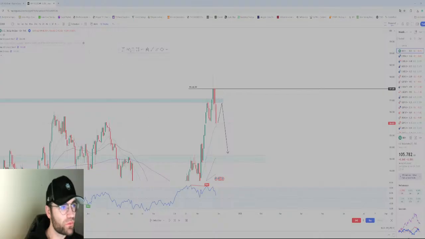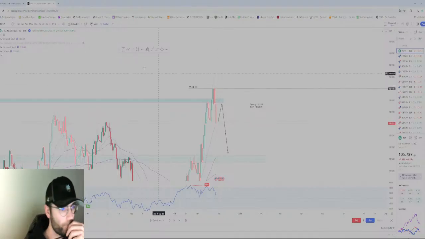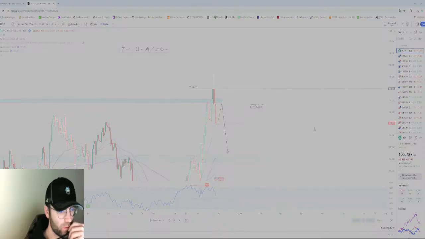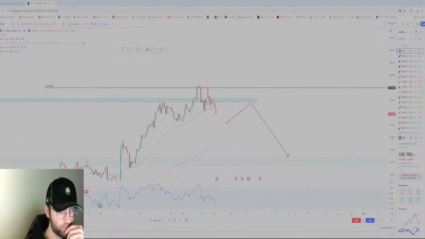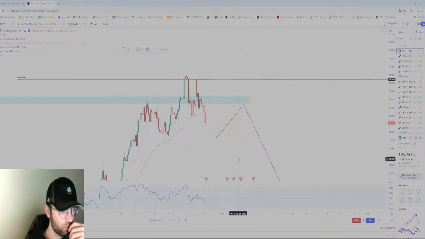So let's just confirm the weekly is bullish, daily is bearish, since this is a new lower low and this is a new lower high. And what is the 4 hour? 4 hours probably bearish as well.